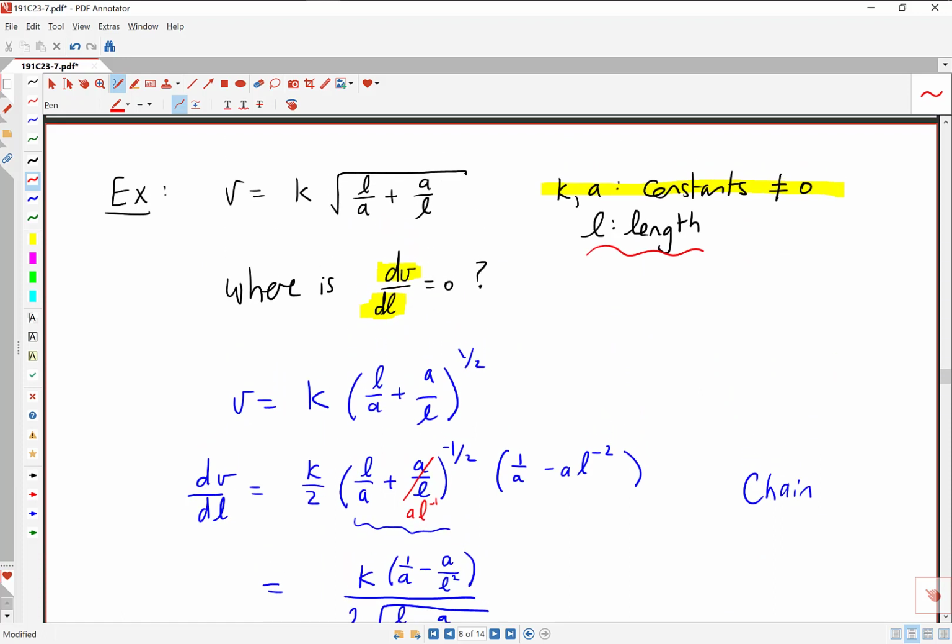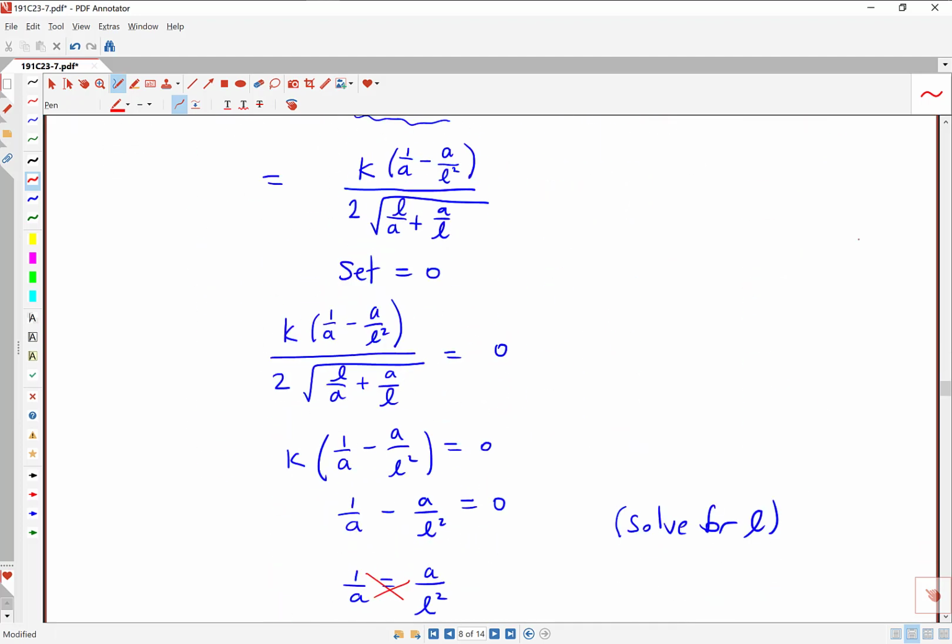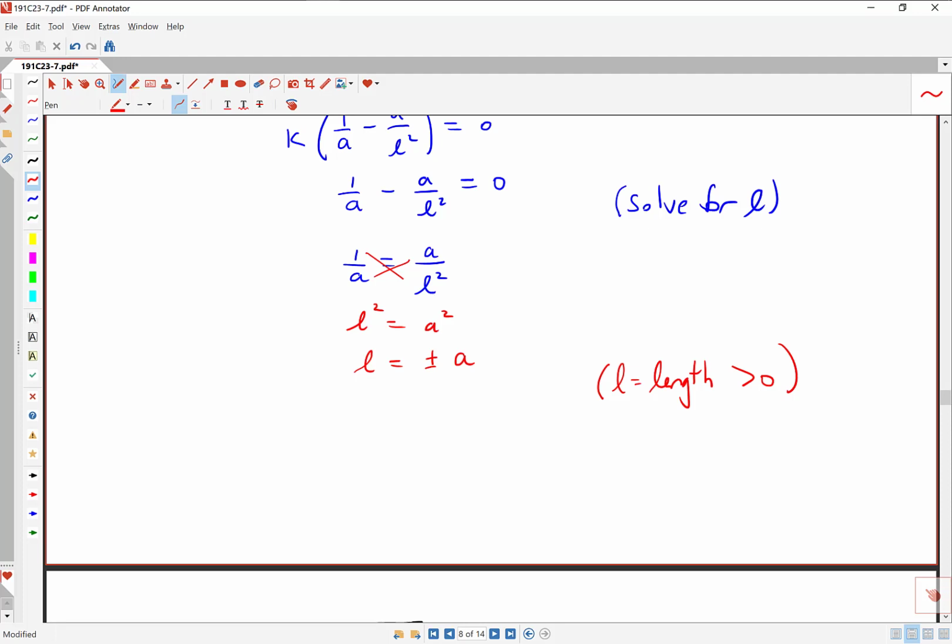And we actually weren't told whether A is a positive number or not. So we actually don't know whether L is equal to plus or minus A. So at this point, I might just say L should be greater than 0. If you make the assumption that A is positive, then you can say L equal A. But let's just leave it like this for now.